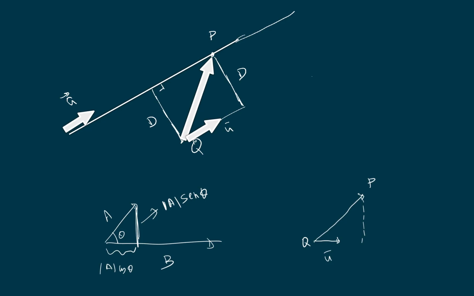It's the magnitude of QP times the cosine of the angle theta. But we are looking for this distance, which is the magnitude of QP, or PQ, they have the same magnitude, times sine of theta.